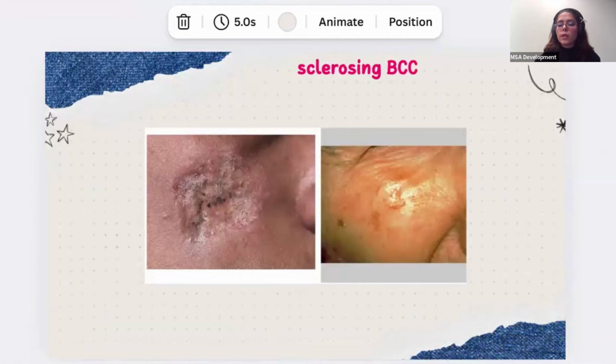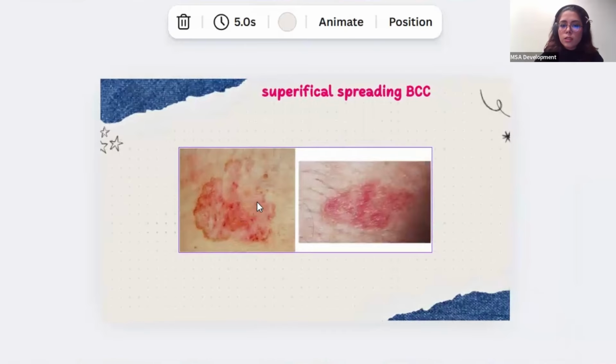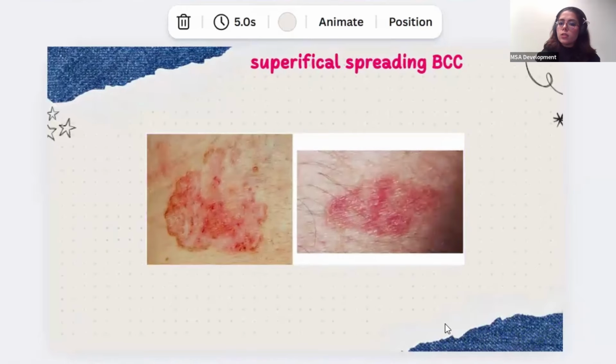And the way I remember this, it reminds me of the scar tissue stuff that you get from Amazon for Halloween. That's what it reminds me of. Okay, so yeah. Superficial spreading BCC. Low-key, it does look like a squamous cell carcinoma, but just memorize that these two images are superficial spreading BCC.